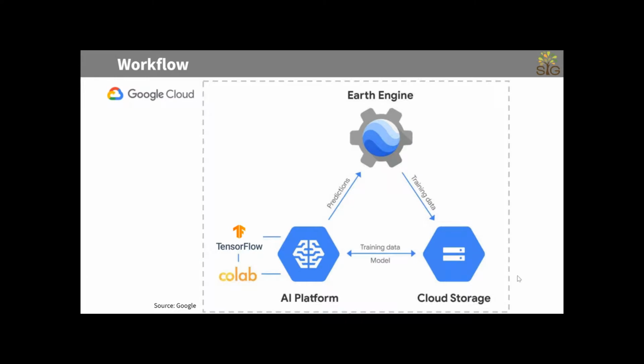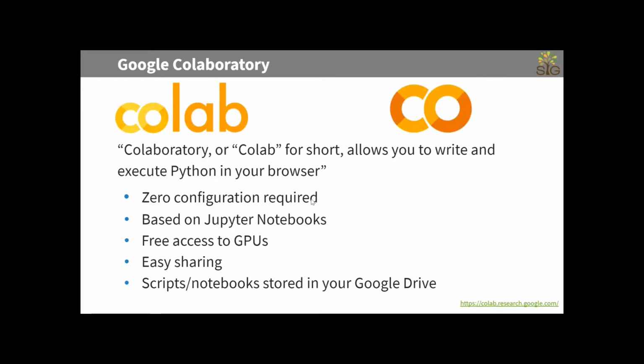So now that we have the data in Google Storage, the cloud platform, we're going to go into Colab and TensorFlow to build our model. So what is Colab, right? It's actually called Colaboratory, but Colab is for short, and it allows you to write and execute Python in your browser.